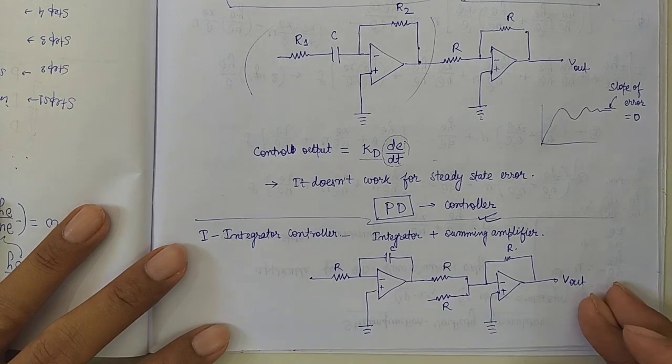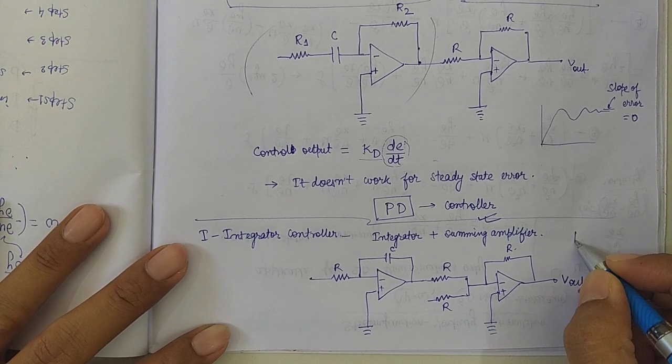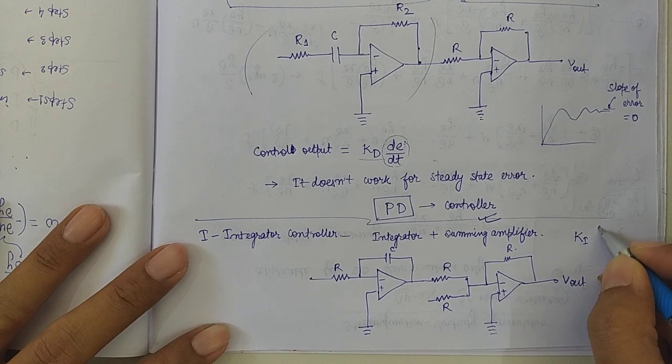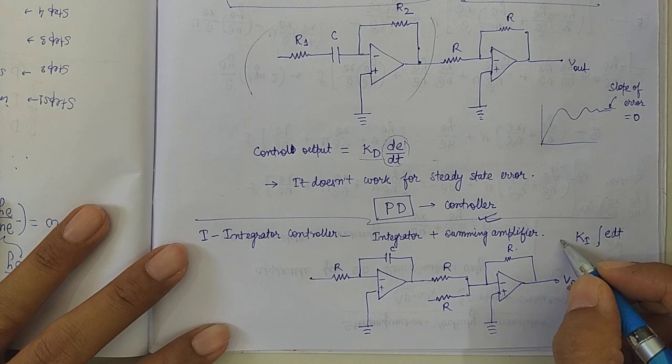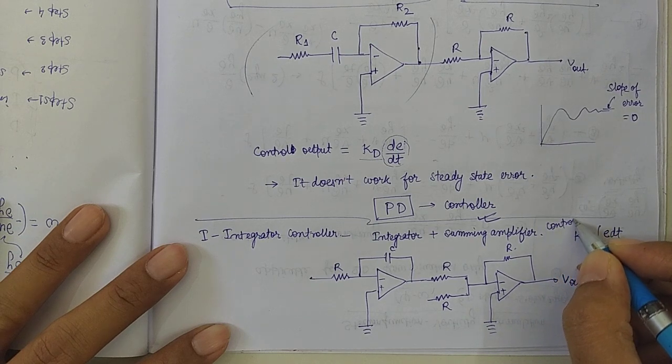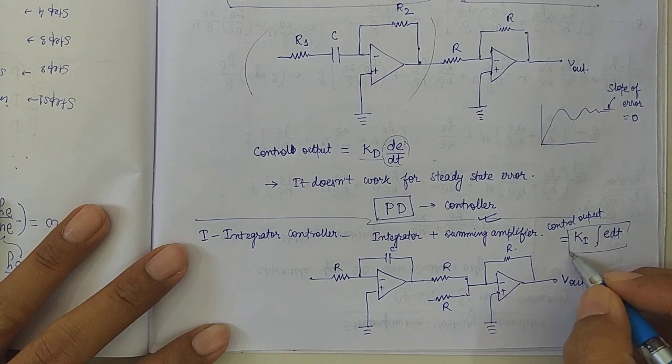This is how the circuit diagram of the integrator controller would look like. And after this integration, you will get Ki times integration of e dt. So control output is equal to something like this.